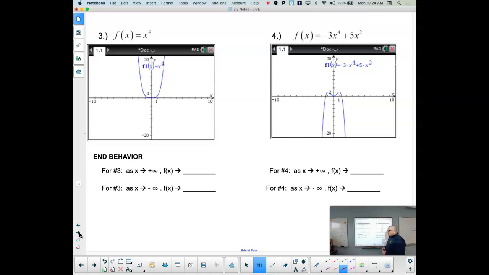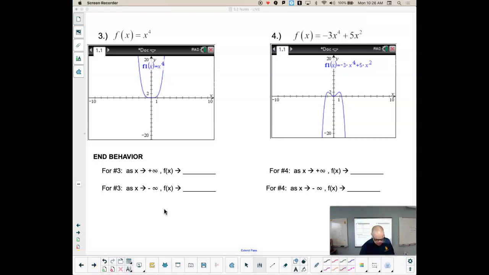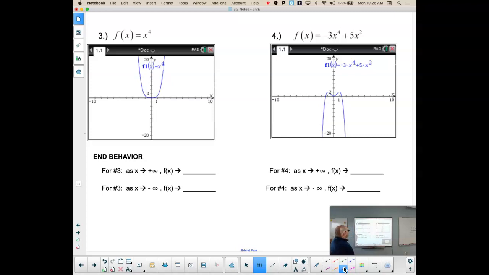Try those two. Find me the end behavior of those two functions. The right side of the left one, number 3, is going to positive infinity. The left side for number 3 is also going to positive infinity.